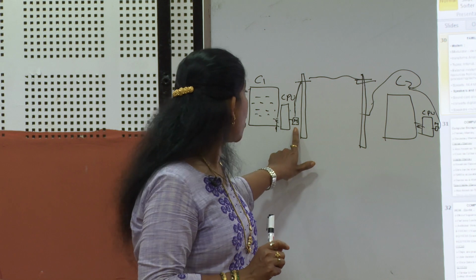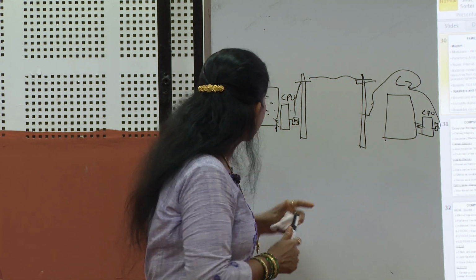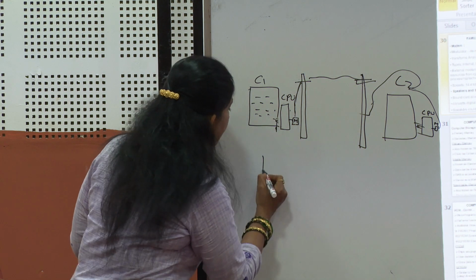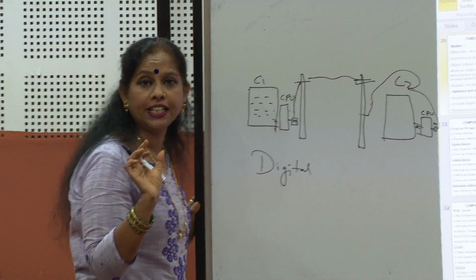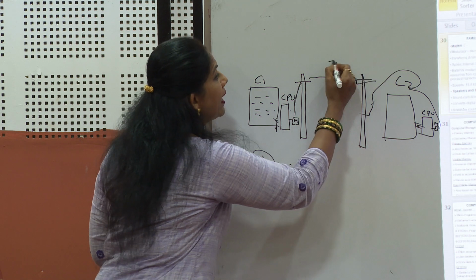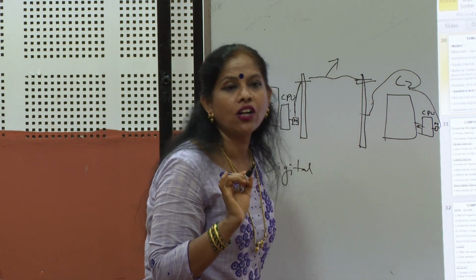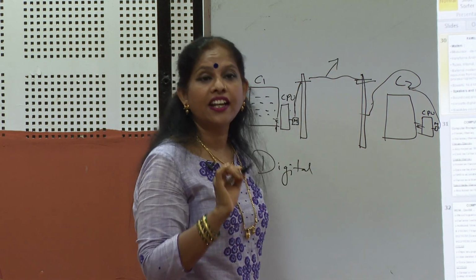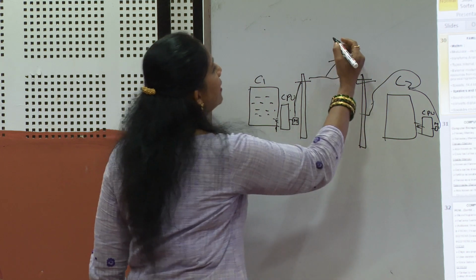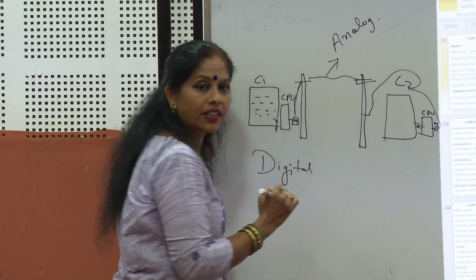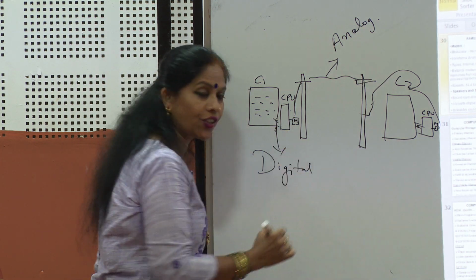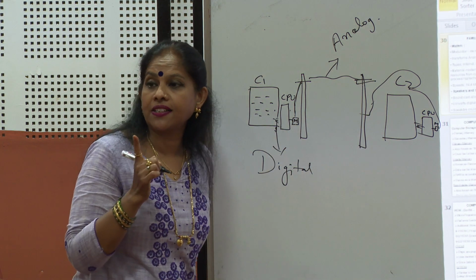This external modem converts digital, D means digital. Now the computer understands only digital and the telephone line understands only analog signals, analog electric signals. Computer understands only digital signals.